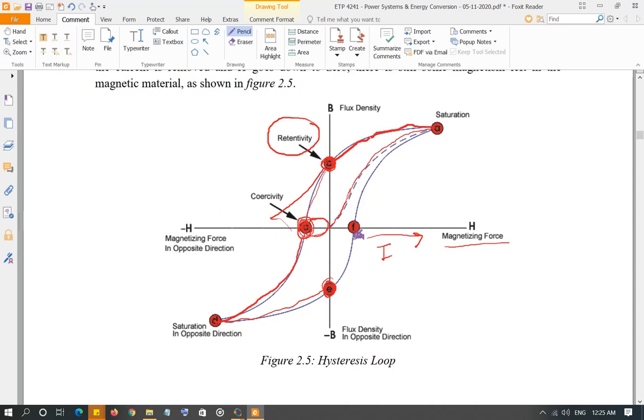Eventually you will lose all the magnetism, but you will need some force to make it forget all the magnetic memory that it had. And then again, if you keep supplying current in the positive direction, eventually it's going to saturate again. So this type of curve is called a hysteresis loop.